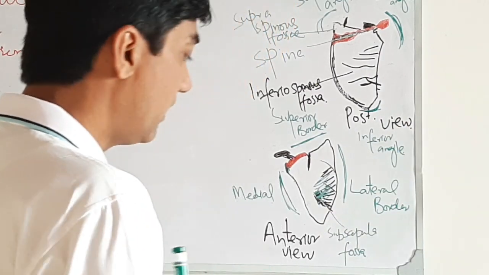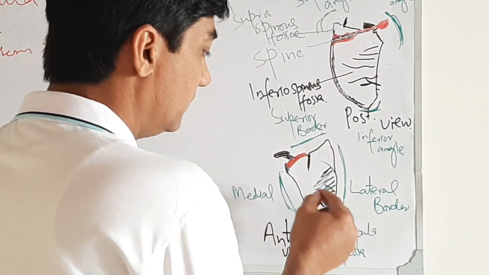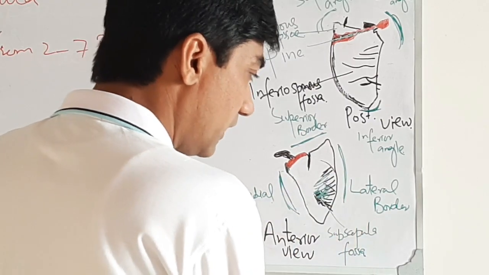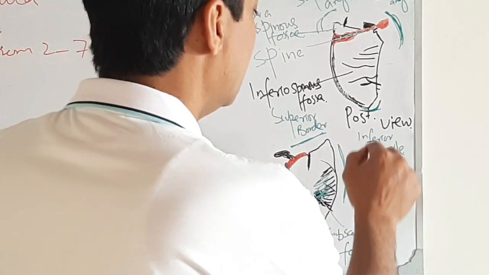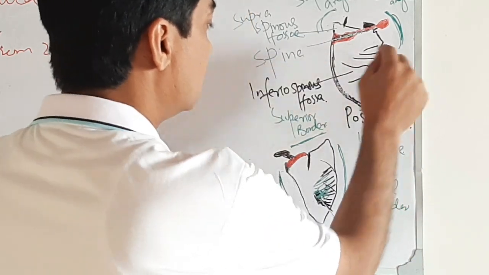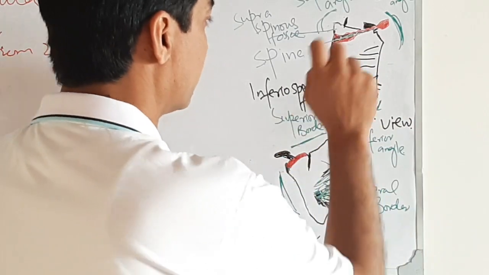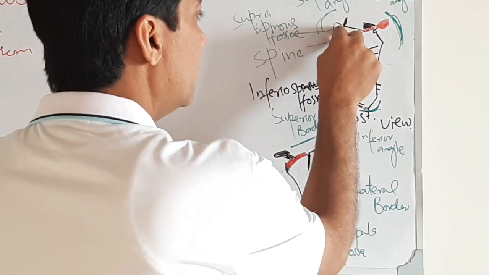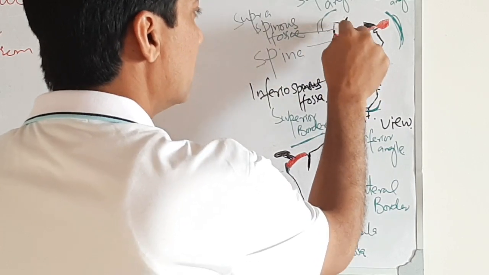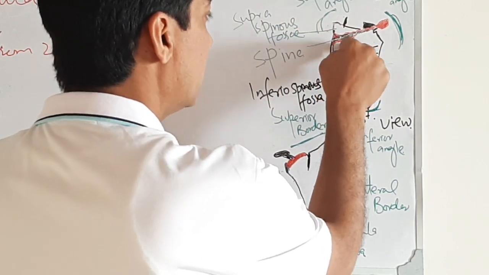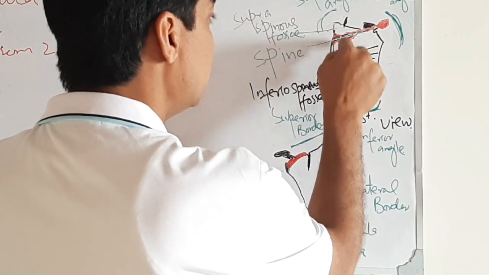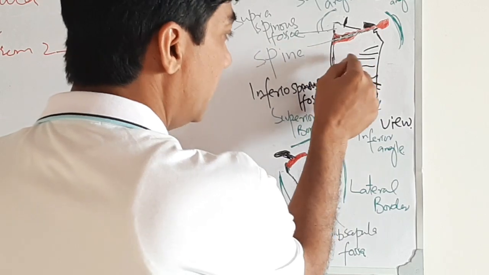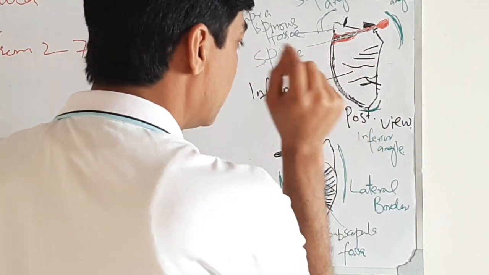First, on the anterior side, there is a shallow space called the subscapular fossa. On the posterior side there are two other fossas: superior to the spine, the supraspinous fossa, and inferior to the spine, the infraspinous fossa.